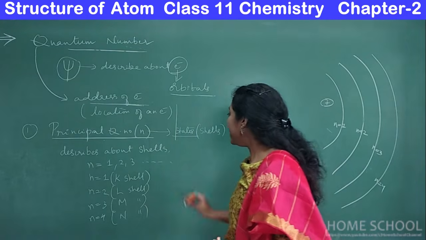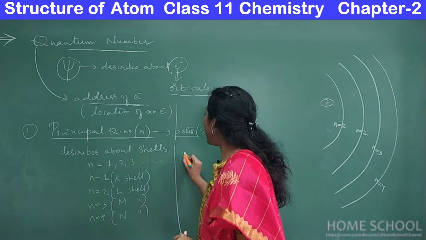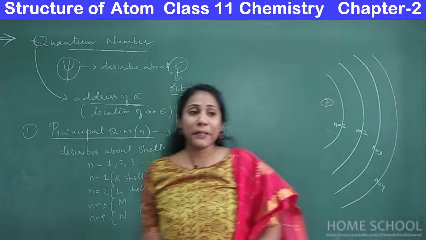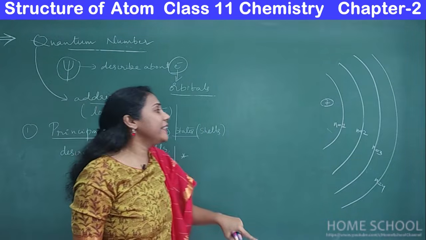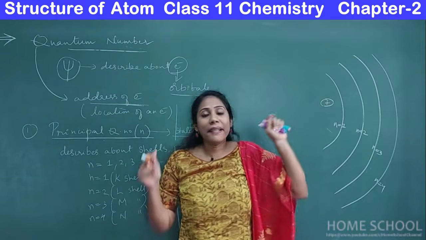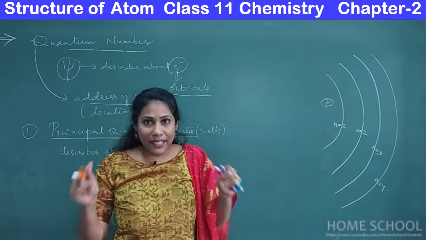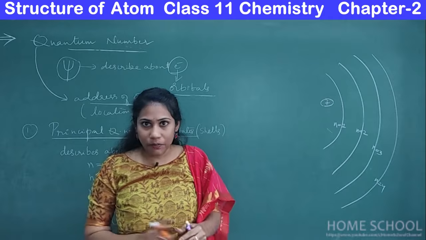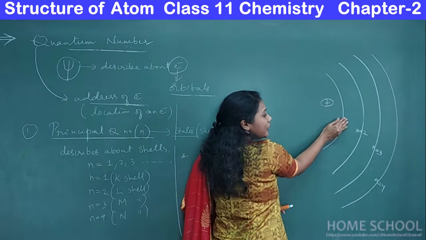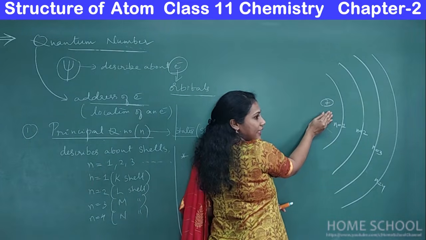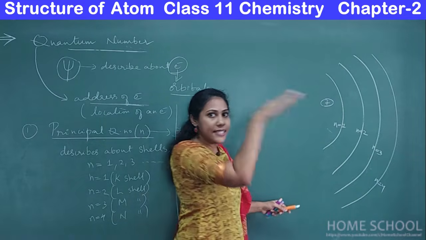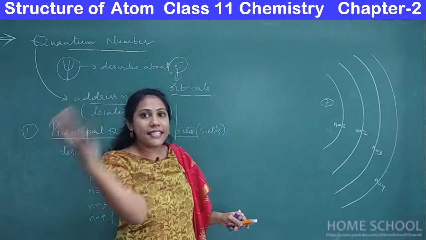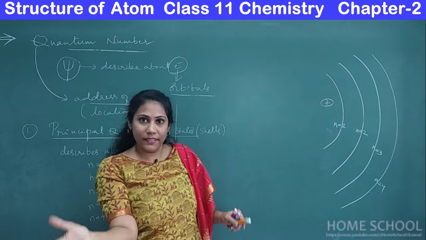Okay, fine. And here you have one important formula that you need to remember. If you know the n value, you can find out how many orbitals can be present in a particular shell. I told you, in each main shell, subshells are there. Inside a subshell, you have so-called orbitals. States have districts, districts have towns or cities, right?